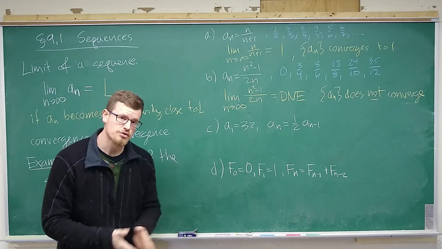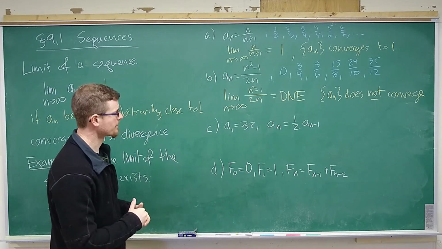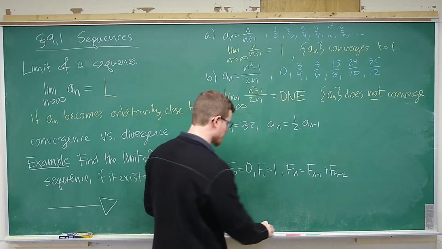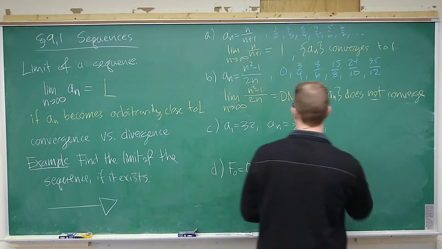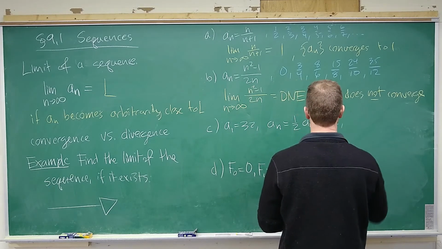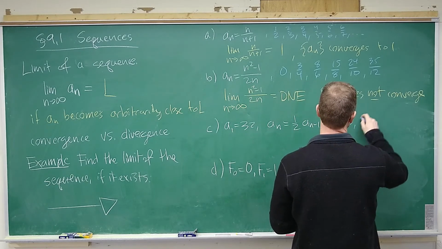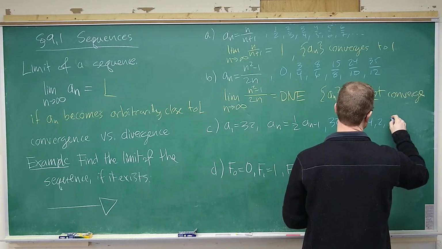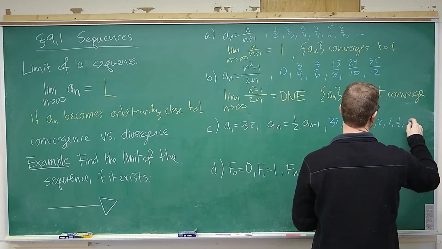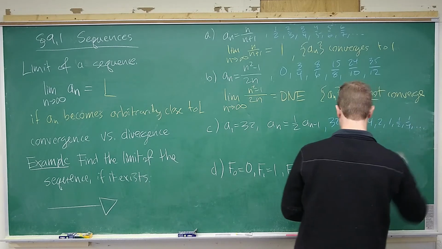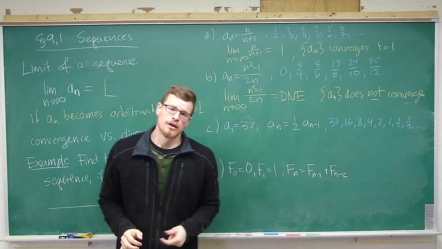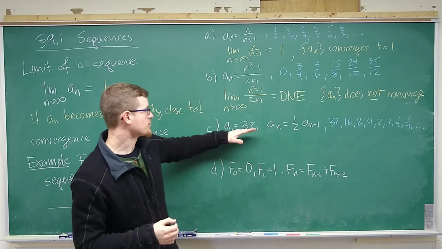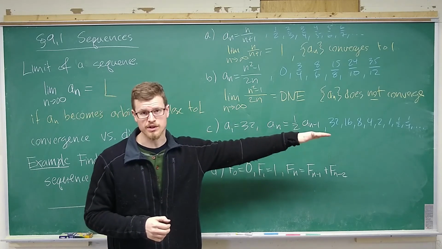What about part C here? This gets into our recursively defined sequences. This one might not be so obvious. But if we recall the values that we found, of course, 32 is the first value. Then we have 16, then 8, then 4, 2, 1, 1/2, 1/4, and so on. Since we're always taking half of the previous term, and we start with something positive, we know that we're always going to be positive.